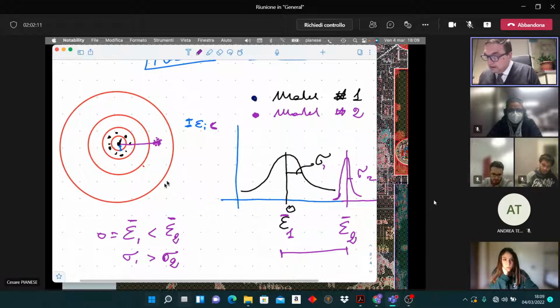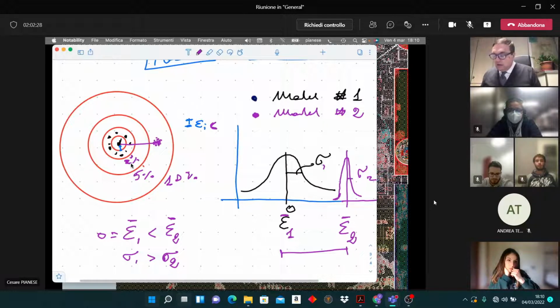Suppose that this is the 10% line, this is the 5% line, this is the 2% line. It means that for model number 1, the error is always less than 2% for sure. Model 2 is, let's say, 7.5% error, but you are sure that it will always be 7.5%.